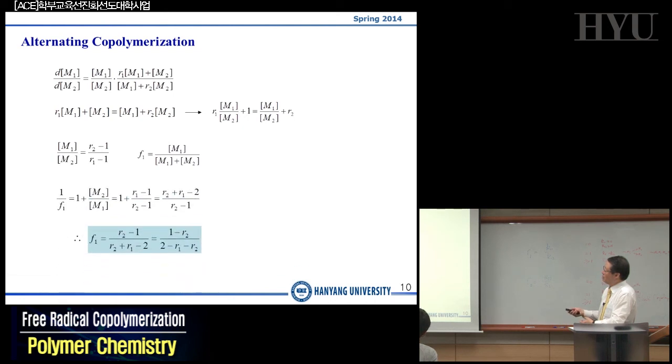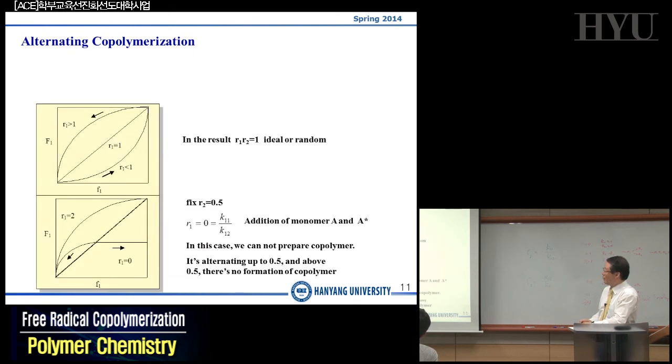And because F1 is defined as M1 divided by M1 plus M2, if you rearrange this equation, you can come up with large F1, small f1 is equal to (1 minus R2) divided by (2 minus R1 minus R2). Okay?